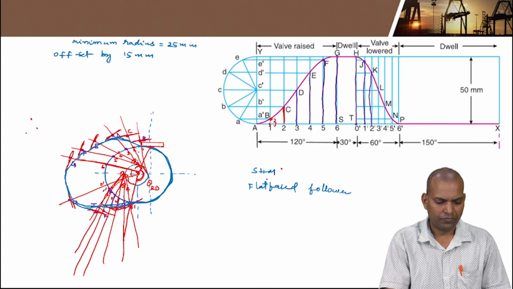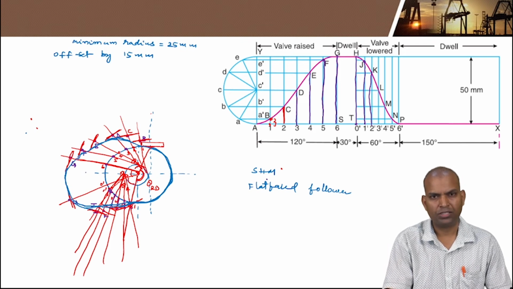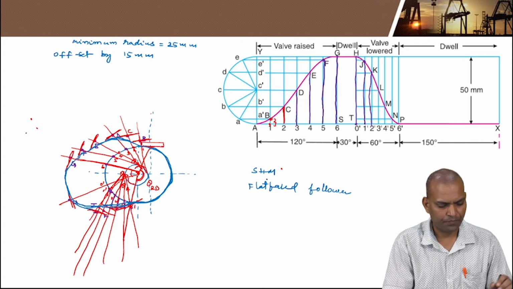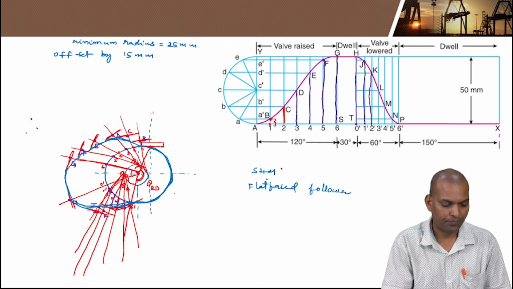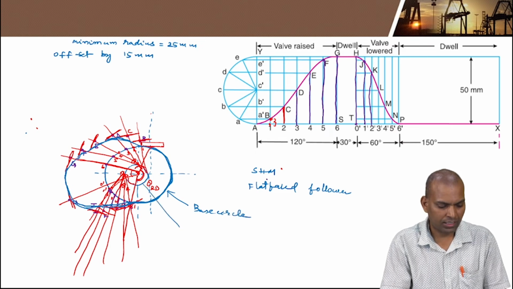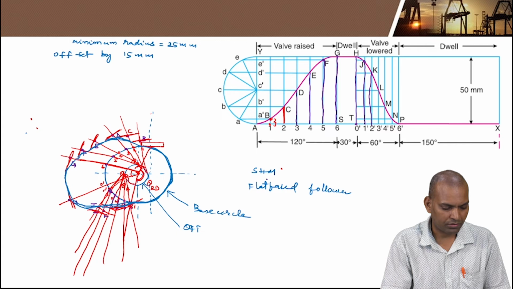This is why we have drawn tangential lines to the offset circle. There are two types of circles here. This is the base circle and there is another inside circle, that is the offset circle.